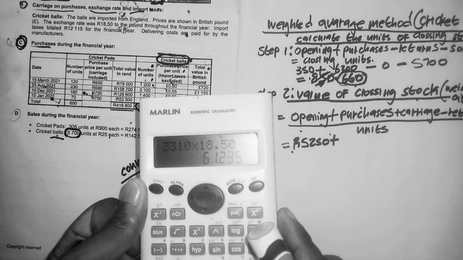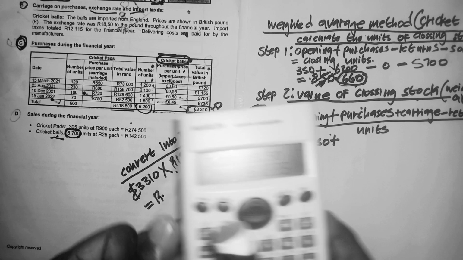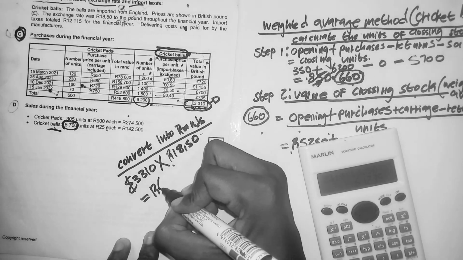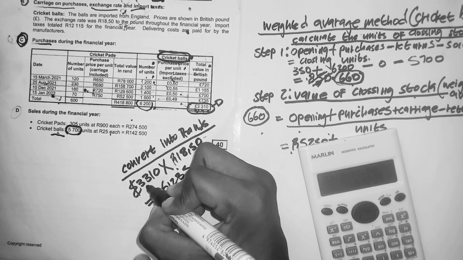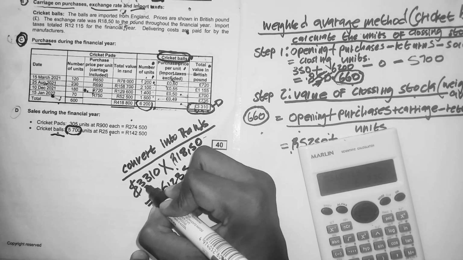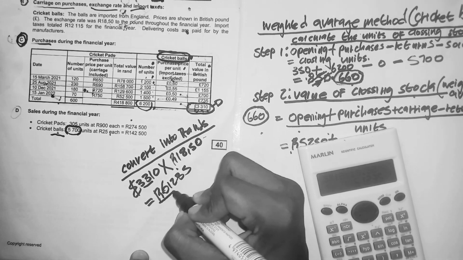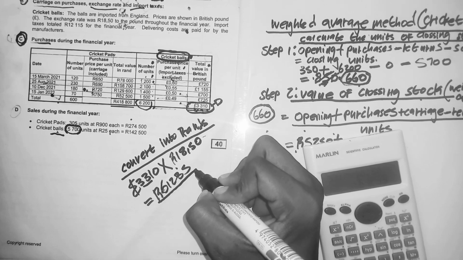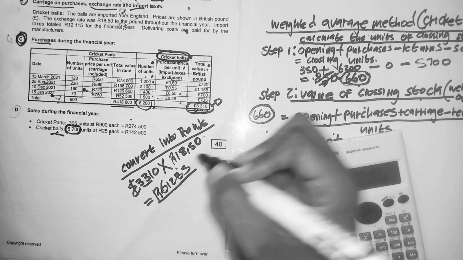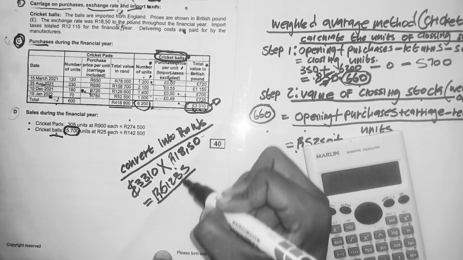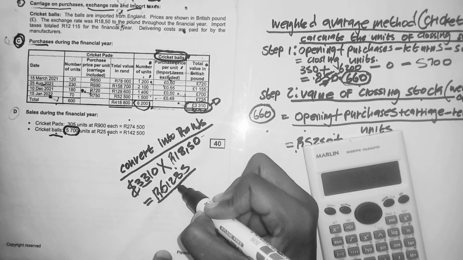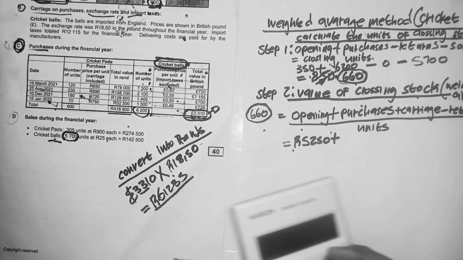So we're getting a total of 61,235. So we write it down, 61,235, which means this 3,310 pounds in rands equals 61,235. So now we know the total value of our purchases in rands is 61,235.